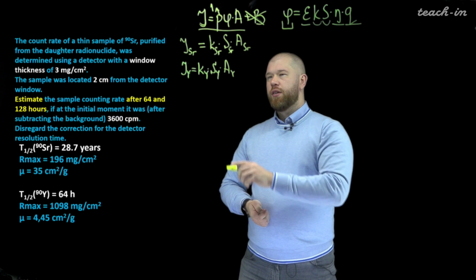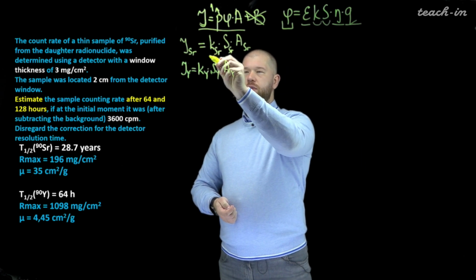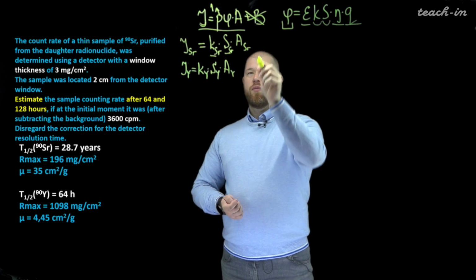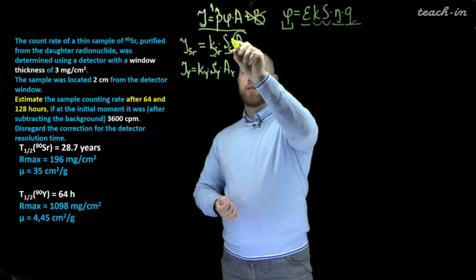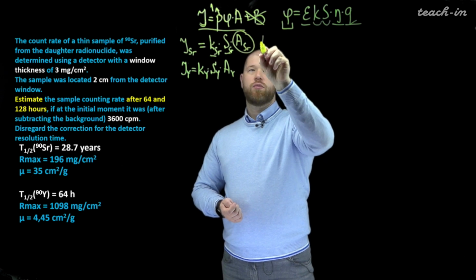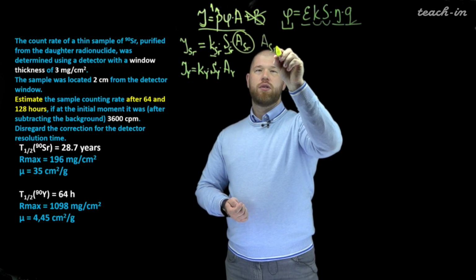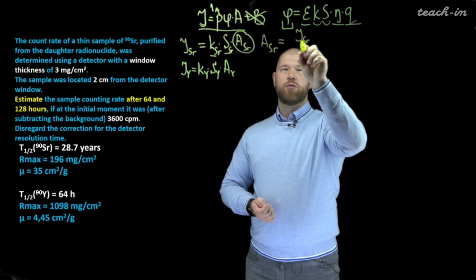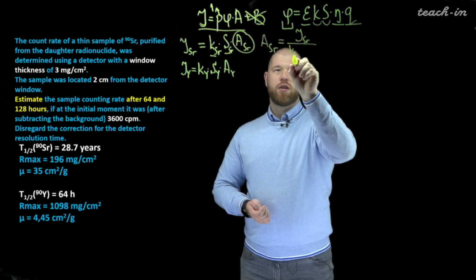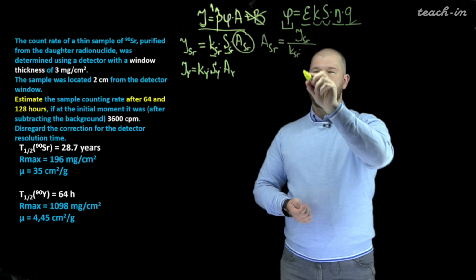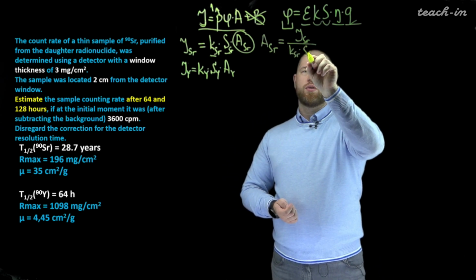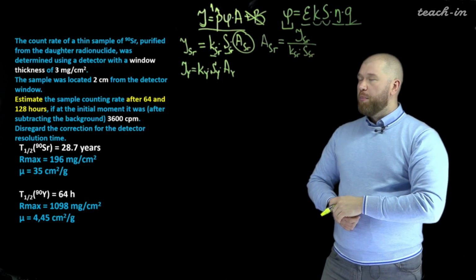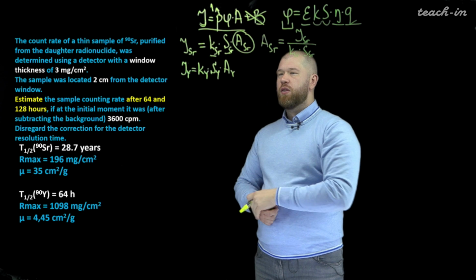We can calculate all these coefficients, and from this we can calculate the activity of strontium. So let's write it like this. The activity of strontium is the count rate of strontium divided by the coefficient corresponding to strontium. But what about the activity of yttrium?